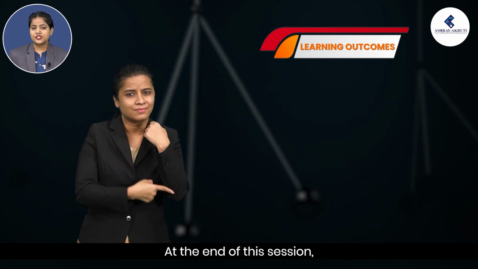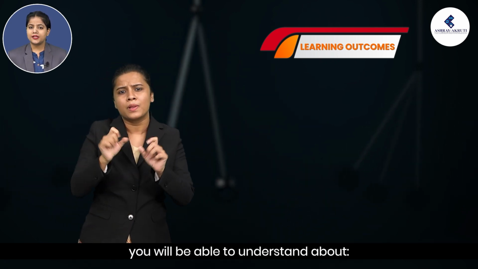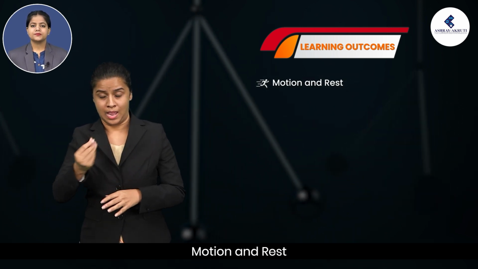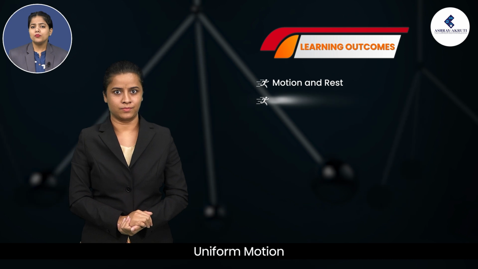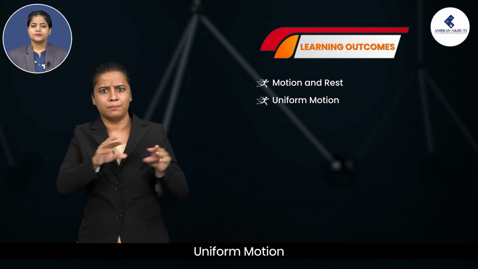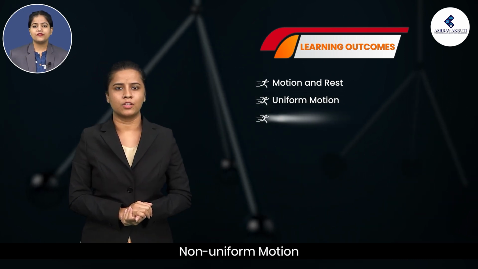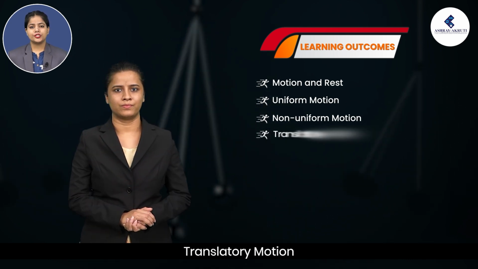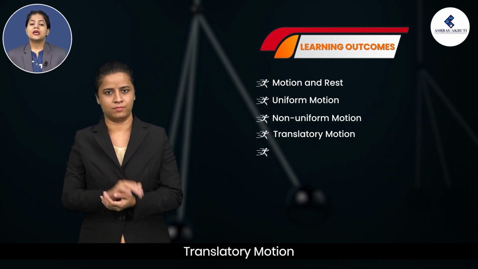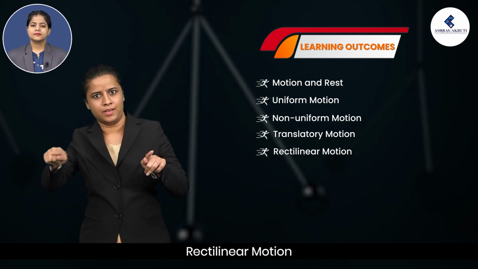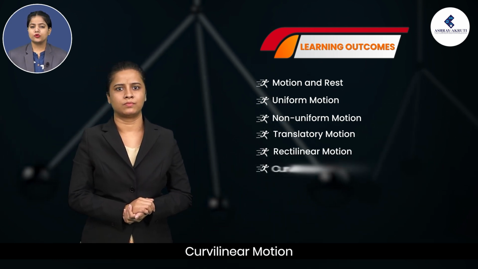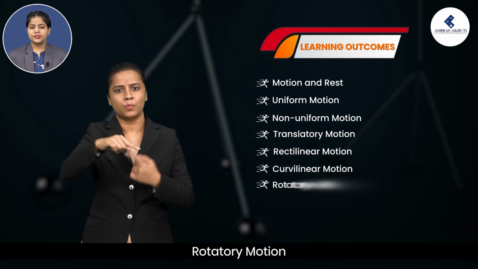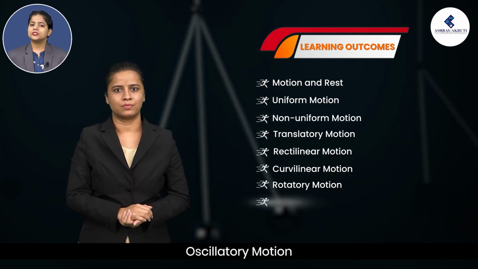At the end of this session, you will be able to understand about motion and rest, uniform motion, non-uniform motion, translatory motion, rectilinear motion, curvilinear motion, rotatory motion, oscillatory motion.